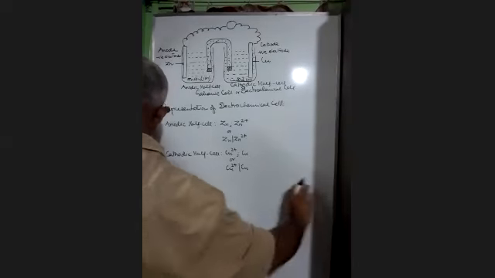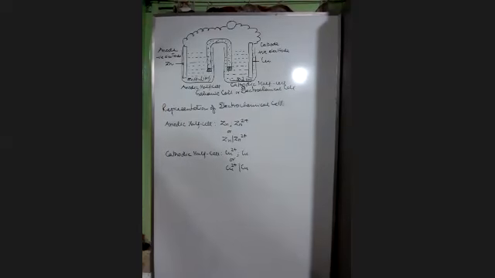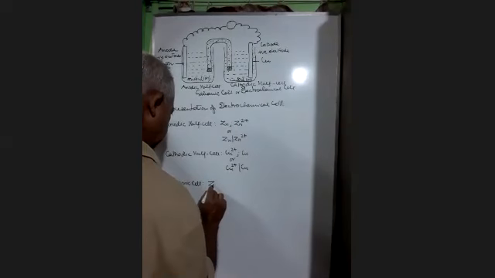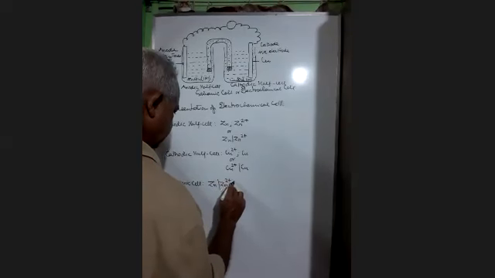Now I'm going to write the complete set. So I'll write it like this. So the galvanic cell is here: Zn, Zn2 plus. See, these two vertical lines stand for the salt bridge.